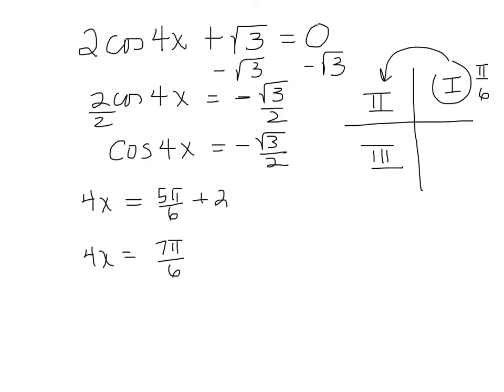And its normal period for cosine is 2 pi n. So positive and negative direction, those would be coterminal angles to those. So remembering what we do, the final thing is I'm going to multiply all the way through by a fourth, both sides.